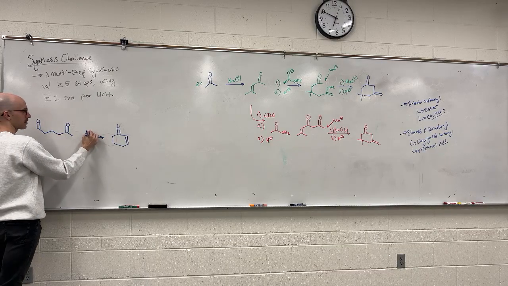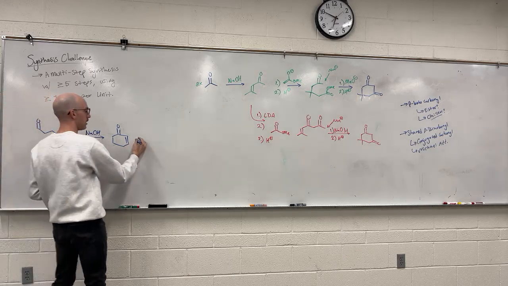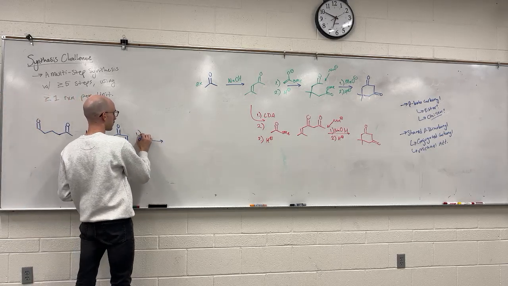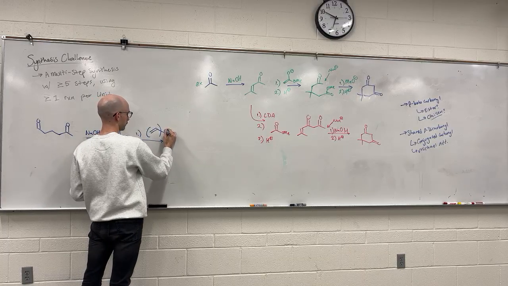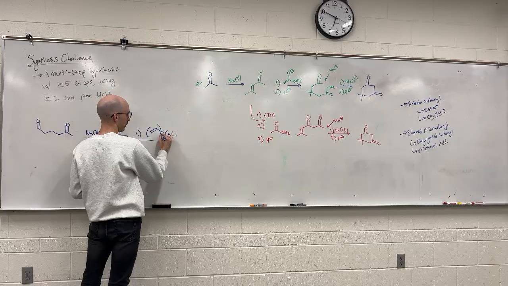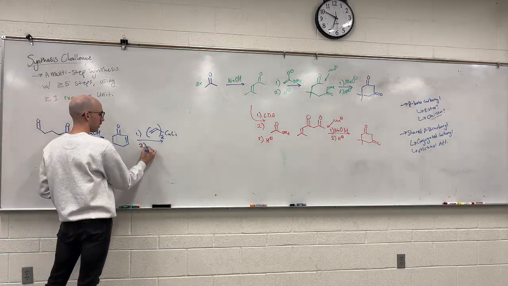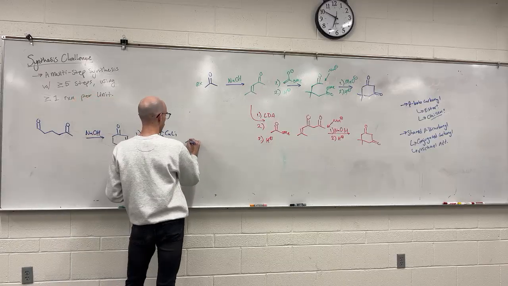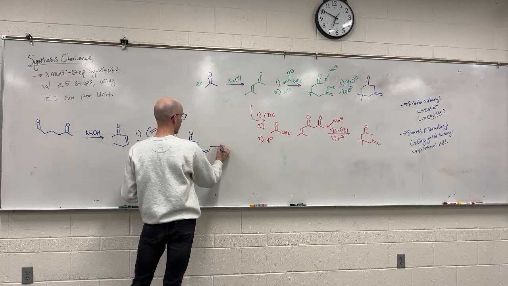So this requires just NaOH and pops out a water molecule. Then it would be best to do conjugate addition. Whoops. And the cuprate that I want is a vinyl cuprate. I want my alkene attached to my copper, then an aqueous workup.